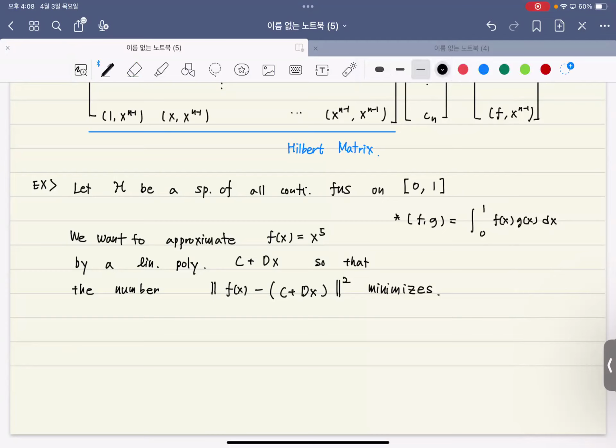So, therefore, the solution is this. I am supposed to find the projection, where V is the space spanned by constant functions and the degree 1 polynomial.